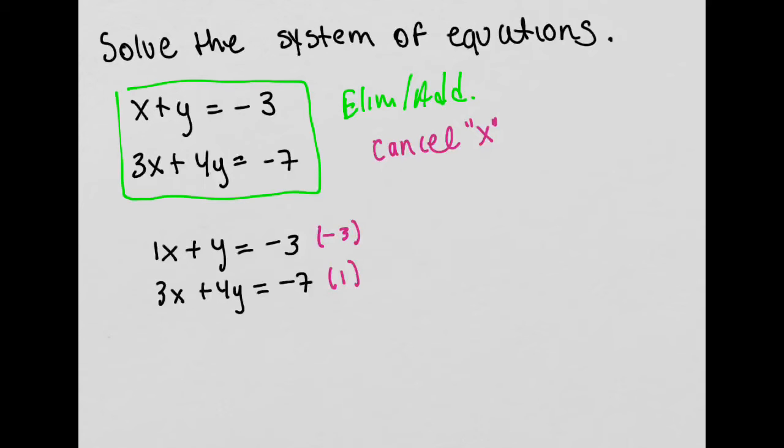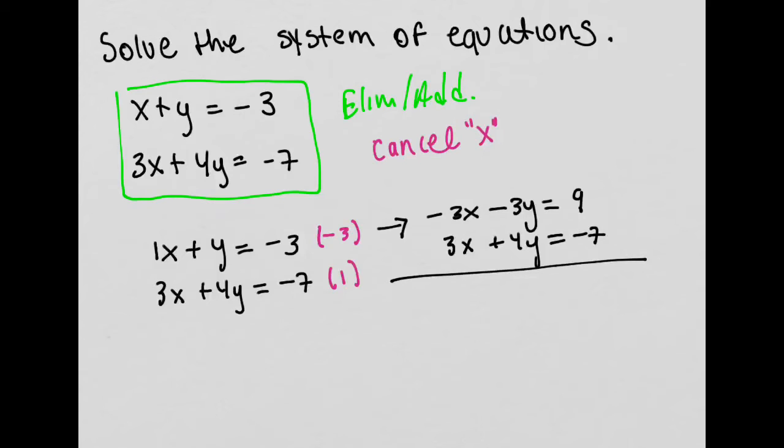So once we do that multiplication, we're going to have -3x minus 3y equals, I was going to put -3. That is not -3. That's +9, because a -3 times a -3 gives you a +9. So now I'm going to rewrite my bottom equation, which nothing changes.